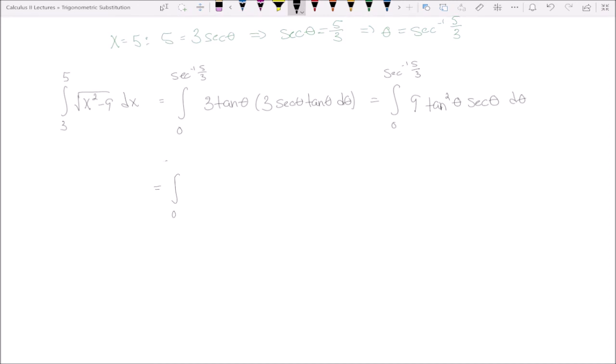Rewrite tangent squared as 1 plus secant squared. Now distribute that secant through. And I think at this point I'm also going to factor out that 9. So let's do 9 times the integral from 0 to inverse secant of 5/3 of secant theta plus secant cubed of theta d theta.